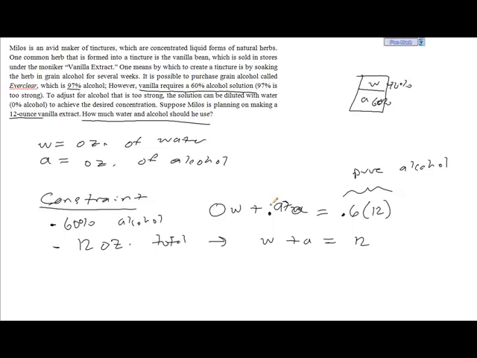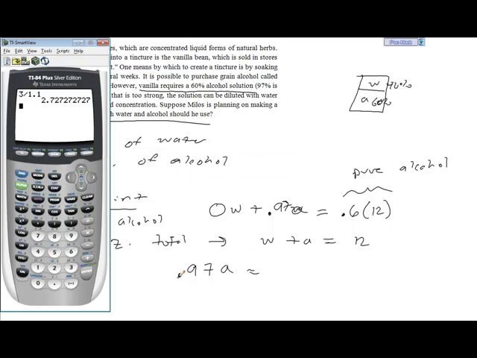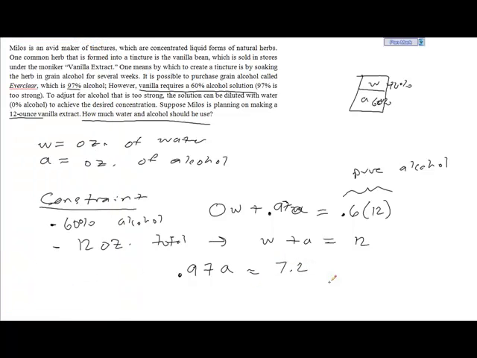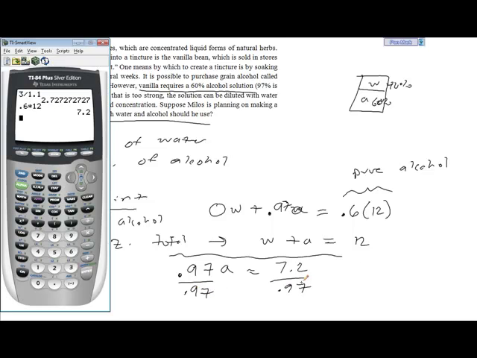Now if you simplify this, so now we're pretty much ready to solve, but if you simplify this a little bit, you'll notice that 0W goes away, and you just have 0.97A equals 0.6 times 12, which is 7.2. And so you notice real quickly here that this equation by itself we can actually solve for A. So if we divide by 0.97, we can still use substitution if we want.